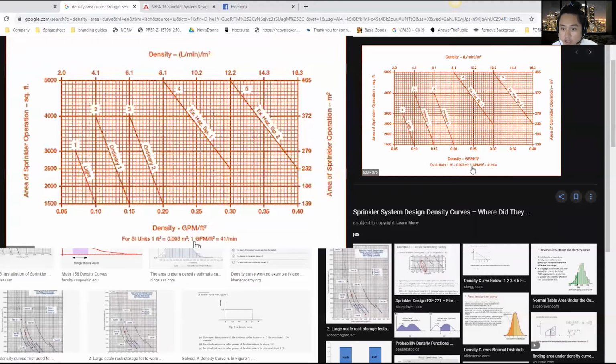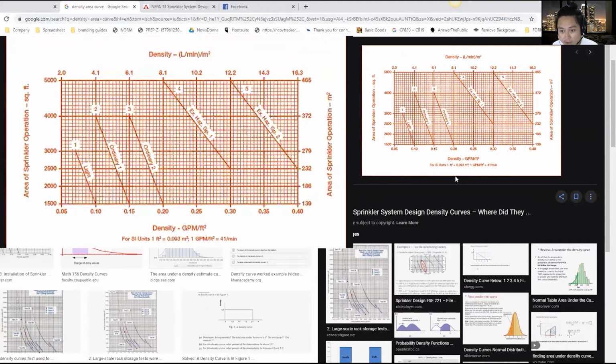It's in English units, and this one is in SI. So I'll just have to look at this part at the bottom. Our area of sprinkler operation in square feet is on the left side, and in SI it's on the right side. So we'll be using the left part and the bottom part of this graph.